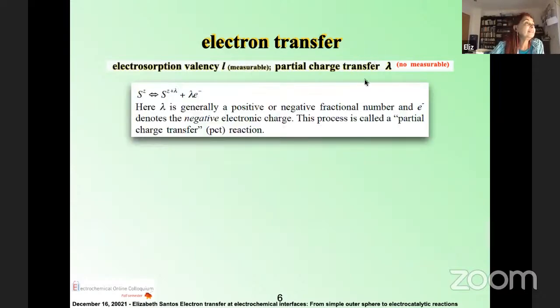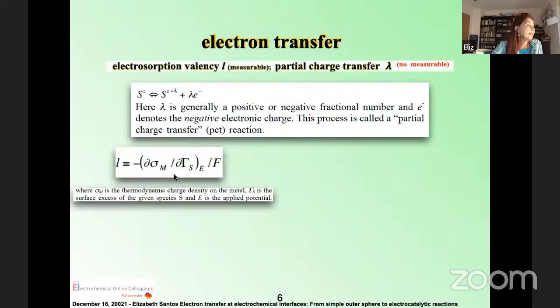Partial charge transfer is our idea of what we see: if a reactant cannot give the total electron, then a fractional number of electrons is transferred.